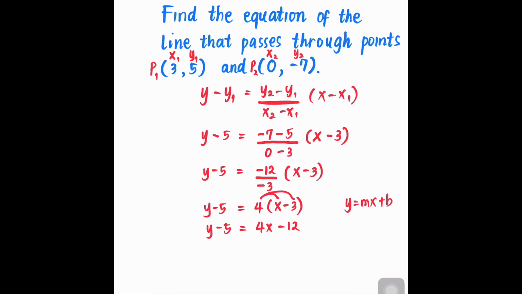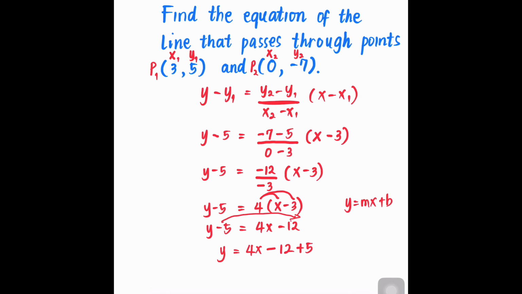So from here, we copy y, we don't move that, equals, we don't move 4x, so just retain negative 12 already on the right hand side, so just copy. However, the negative 5 needs to jump over to the right hand side, and from negative it will become positive because it's gonna jump over the equal sign. So remember from the previous video. So negative 5 moves over to the right hand side, it will become positive 5.